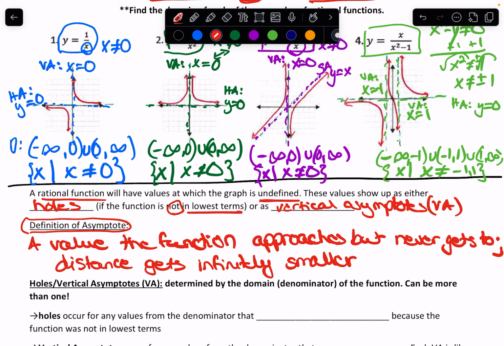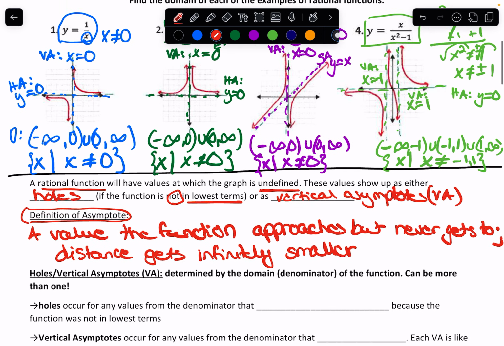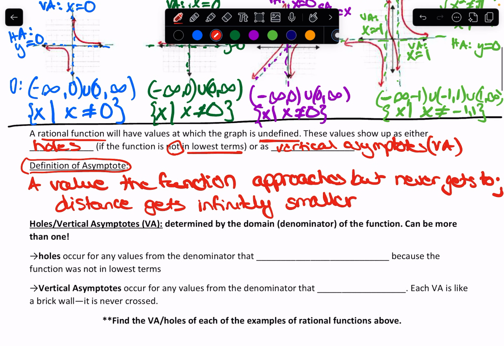Okay, so now we're going to look at holes and the vertical asymptotes. They are determined by the domain, which is the denominator of the function, and can be more than one, as we saw. In that last example, we had two. So make sure that you're aware of that.